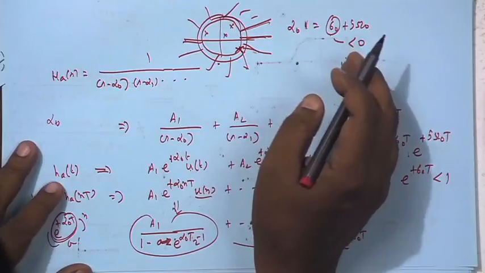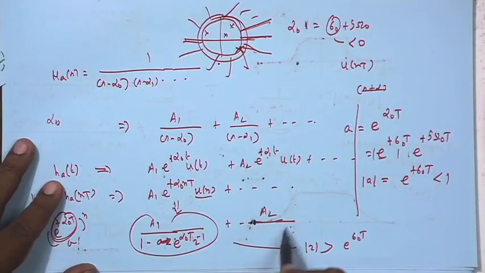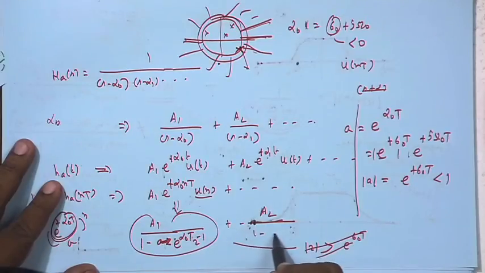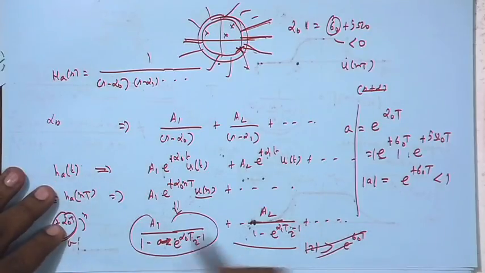So, it is both causal and stable, okay, and rational, because this will be of the form A 1 by 1 minus e to the power alpha 0 t z inverse. Next one will be 1 minus e to the power alpha 1 t z inverse, and so on. If you add all of them, there will be a polynomial in the denominator in terms of powers of z inverse.